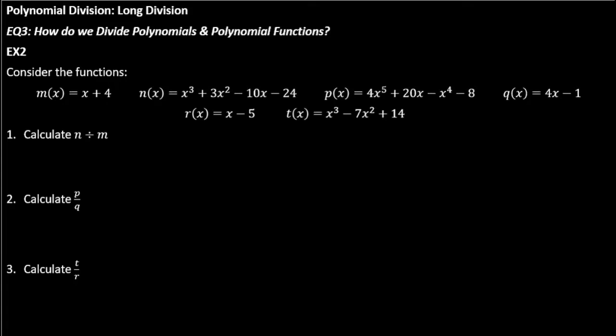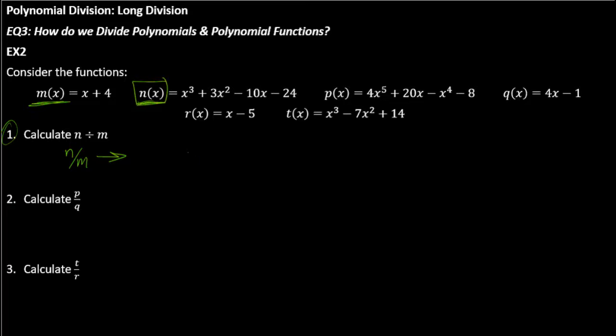So the general idea is basically the same. We're being asked on number 1 to calculate n divided by m. So that would be n over m. If we write that using long division like we did before, n goes in the box.